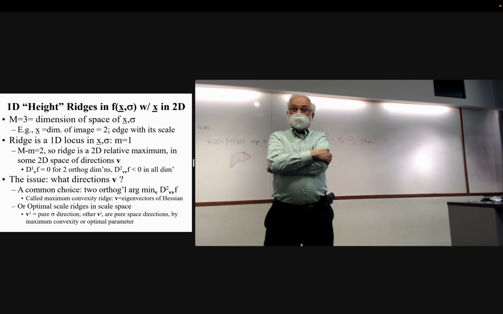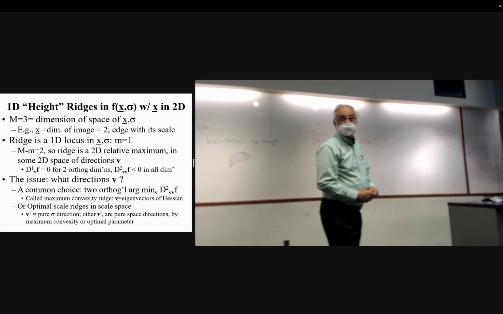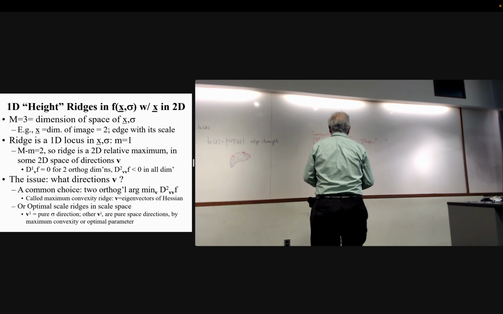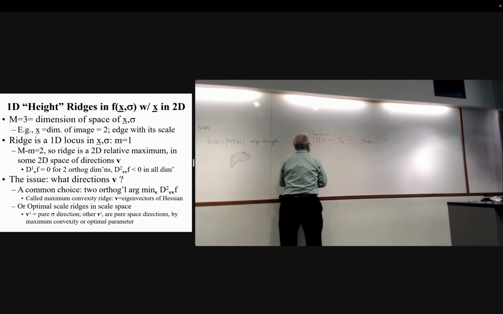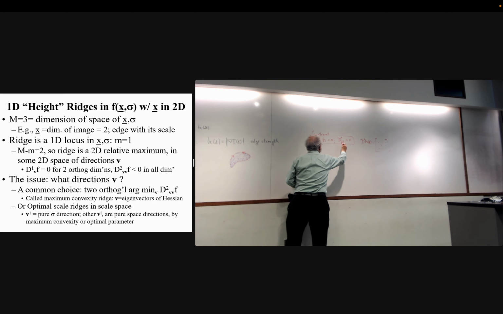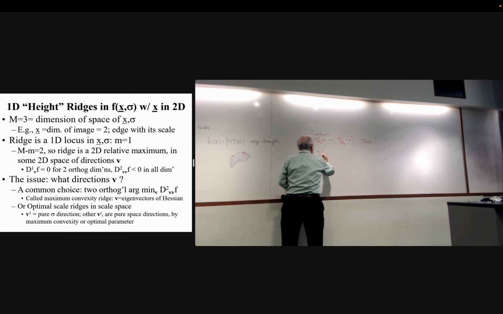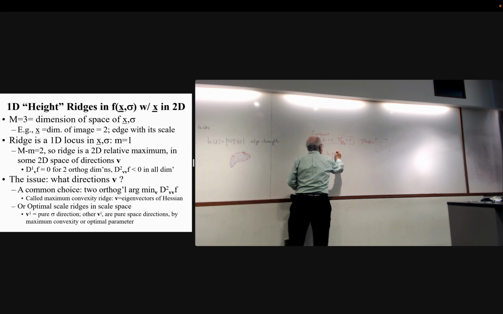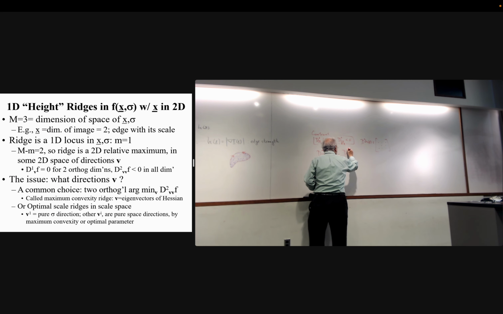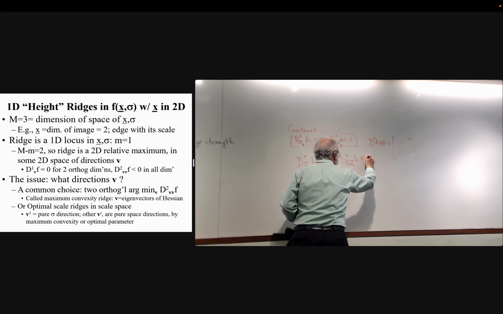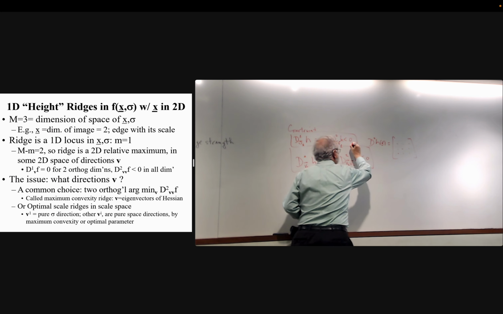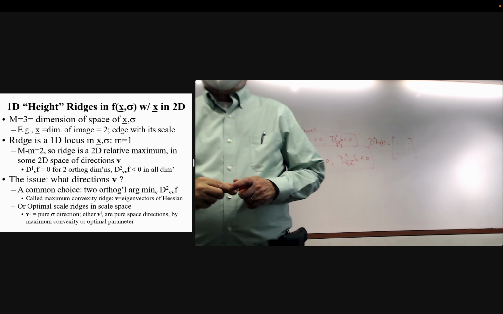So we're going to need 2 constraints to get down to 1 dimension from 3. So we're going to need two requirements for B. Two constraints in 2 orthogonal directions.